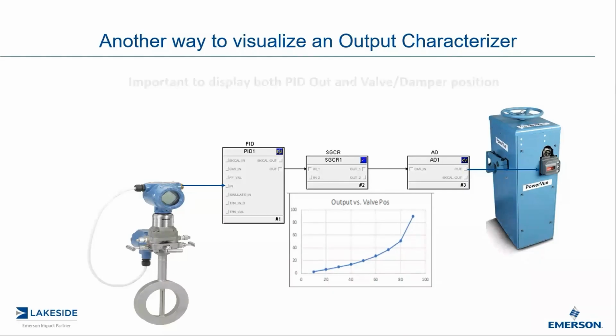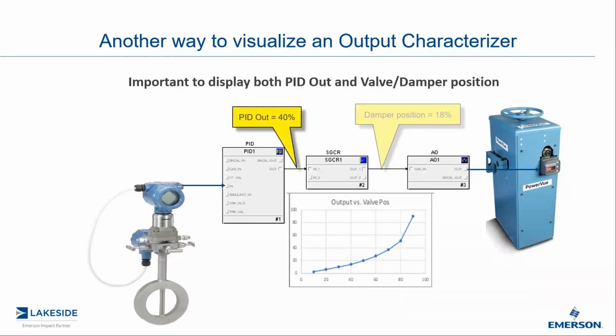Now, another thing that's important here, if we do this, and I've done this a few times, is that on the graphic display for the operator, the operator needs to see not only the output of the PID, but the actual output to the final control element.